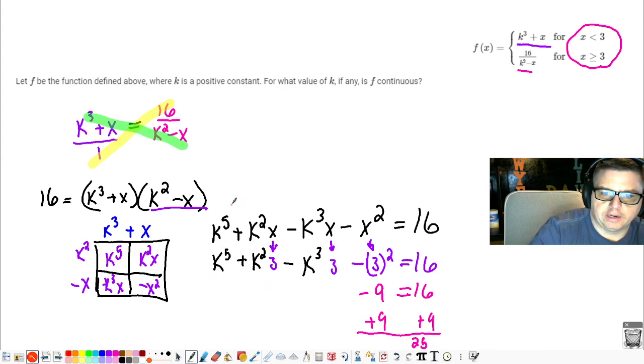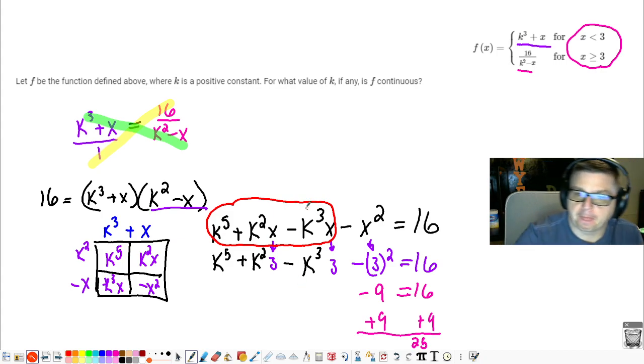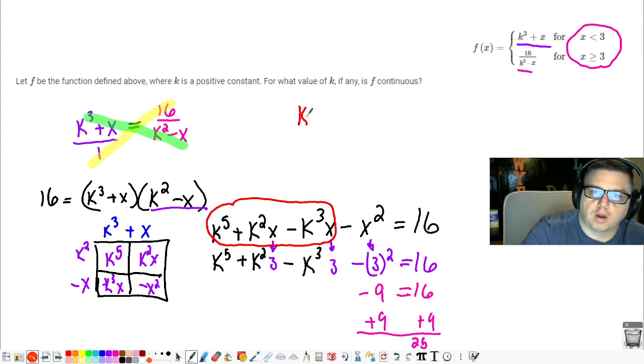So rewrite all of this equal to 25. We put all of that equal to 25 because we zeroed out the 9 by adding it to both sides, and when we add 9 to 16, we get 25. Our problem right now is k to the 5th, and I'm going to put the k cubed next. I should have done that, but we put that 3 in.